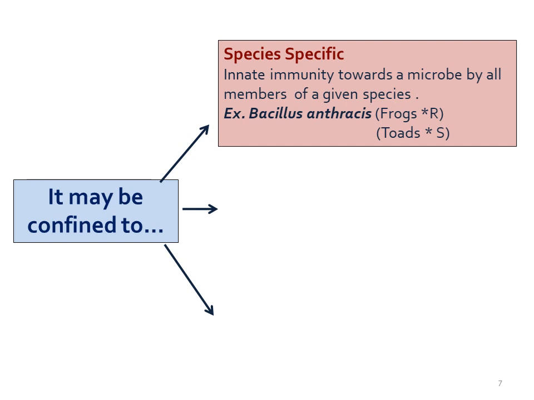Frogs are resistant to Bacillus anthracis, whereas toads are susceptible to it, and can develop anthrax. So even though both come under the same group, certain species of amphibians are resistant and certain species of amphibians are sensitive.